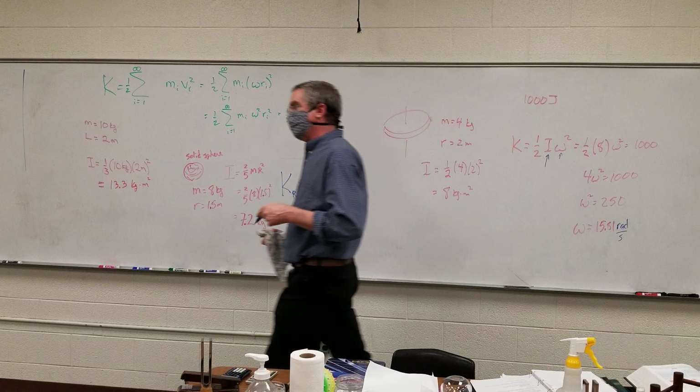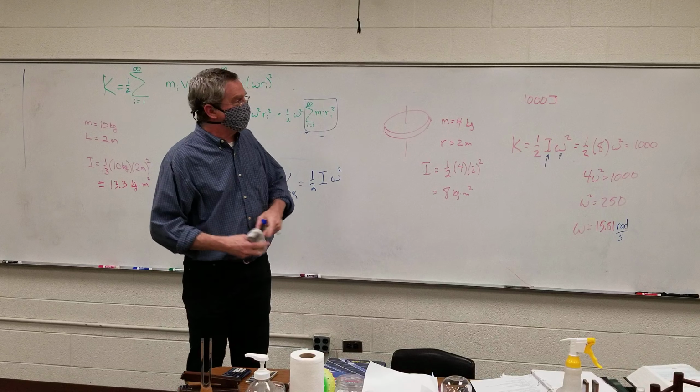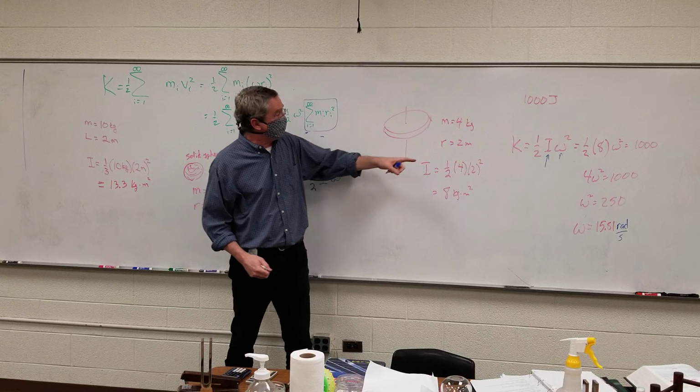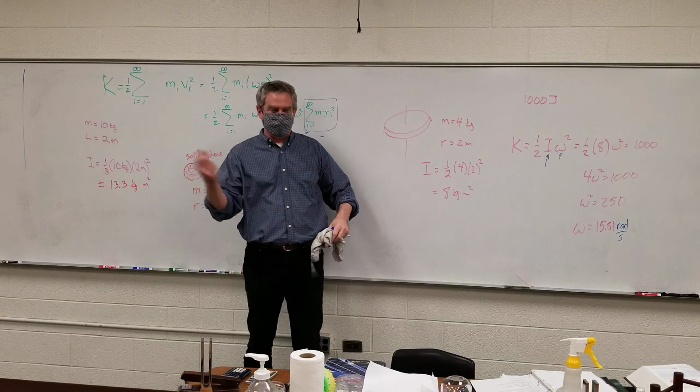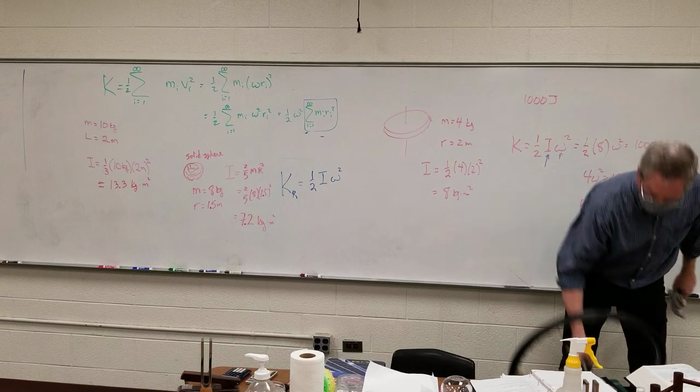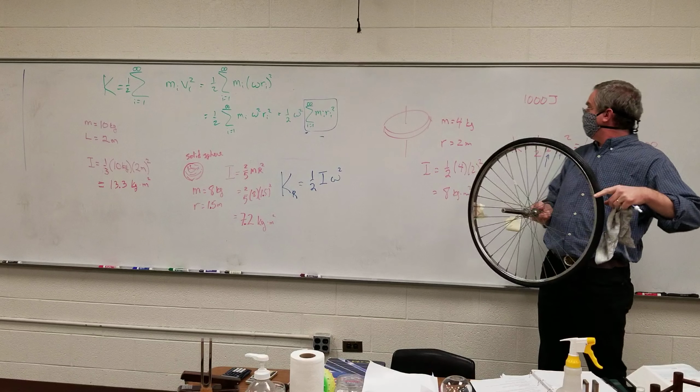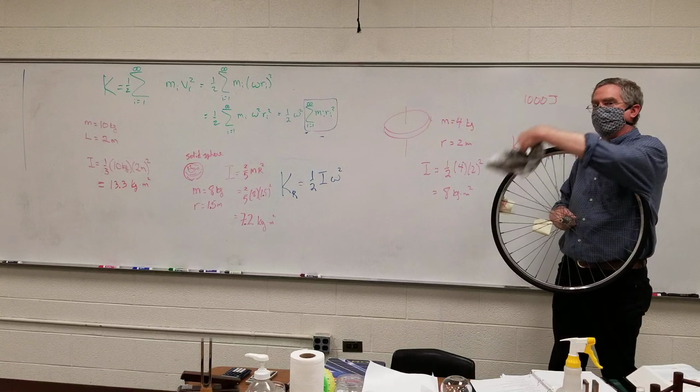So if I took the exact same thing, so that was a disc, this time instead of using a disc, what I want to do is take my 4 kilograms and move it all to the outside. So it's basically like this, except I've got 4 kilograms all around the outside.